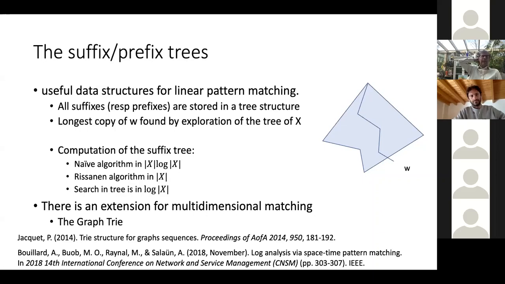And there is an extension for multidimensional matching, which is called the graph trie, for which there are applications. For example, you have a log of alarms in a network. A network is a set of objects connected in a graph and spanning in time.